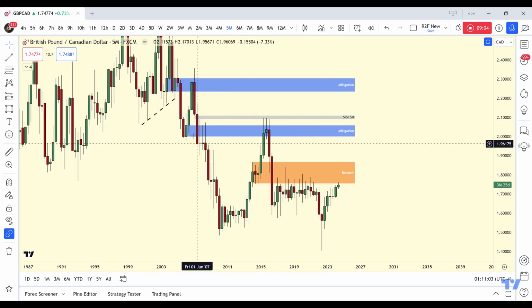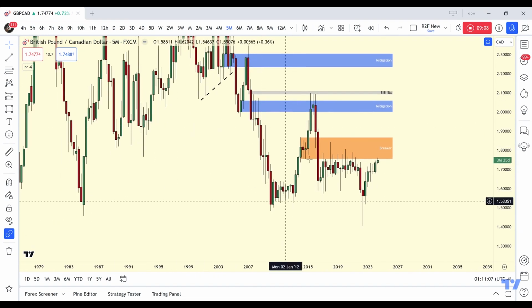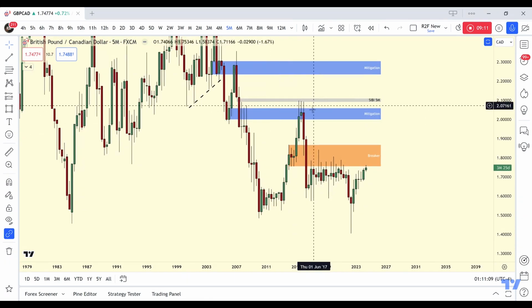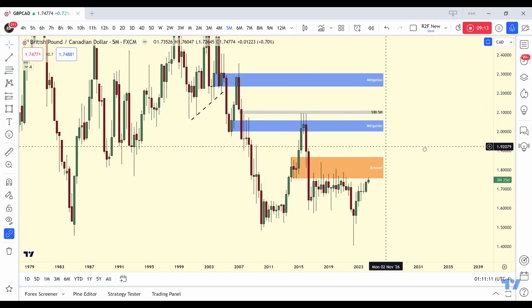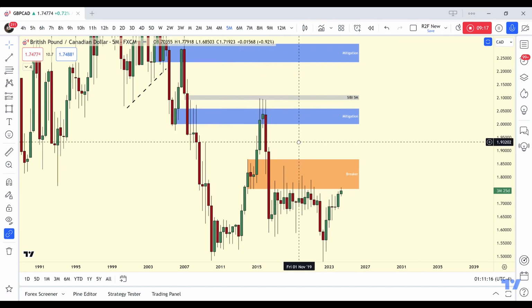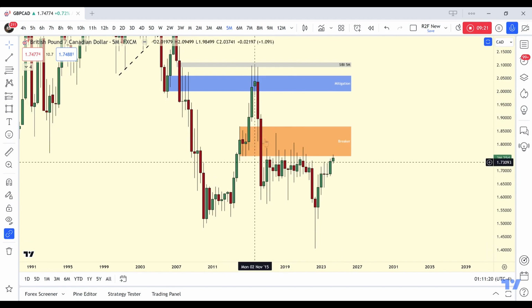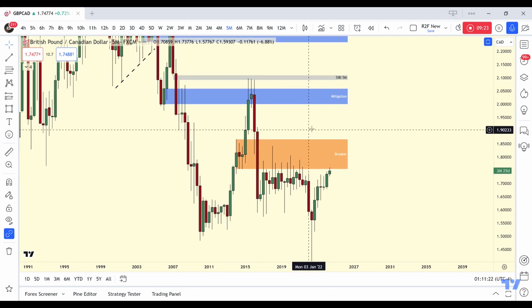So you see price break down all the way here, comes all the way up into this mitigation block, as well as a fair value gap up here, to be more precise, before breaking down and creating this breaker.